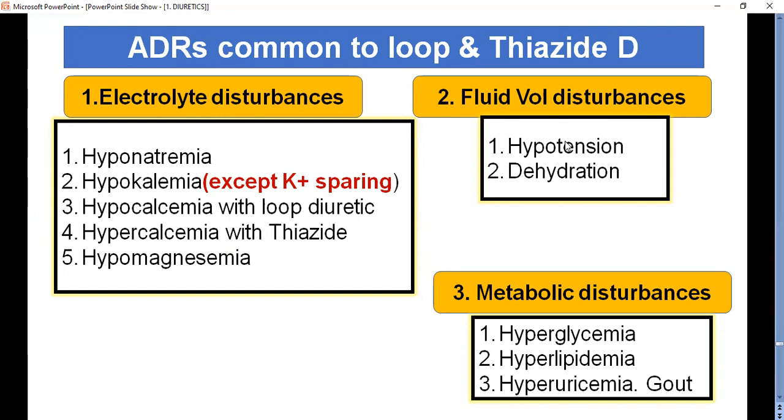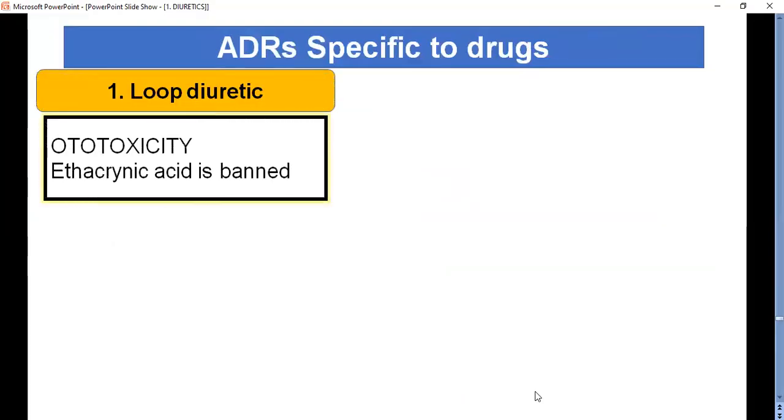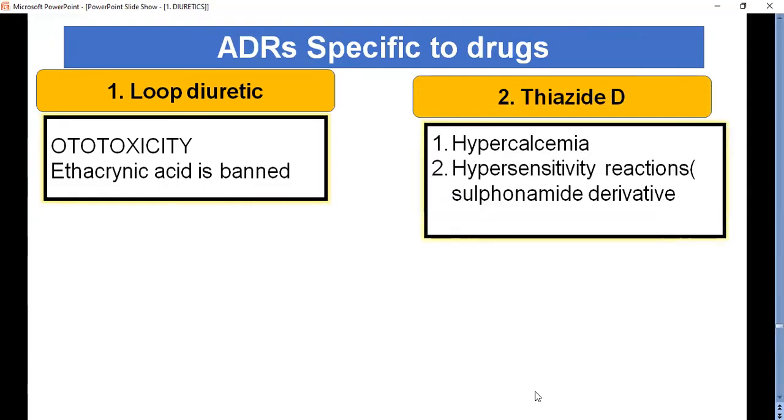Fluid volume disturbances are hypotension and dehydration. Metabolic disturbances are hyperglycemia, hyperlipidemia, and hyperuricemia. Loop diuretics also cause ototoxicity. Thiazide diuretics cause hypercalcemia and hypersensitivity reactions.